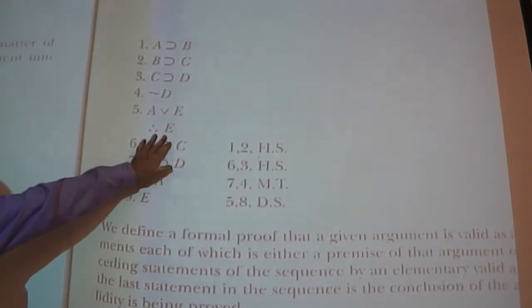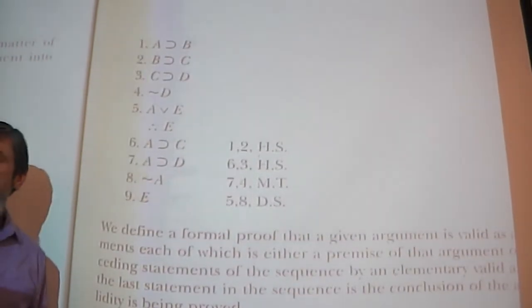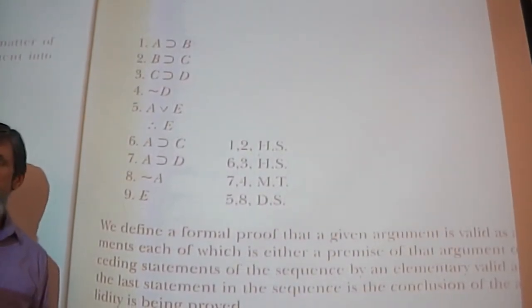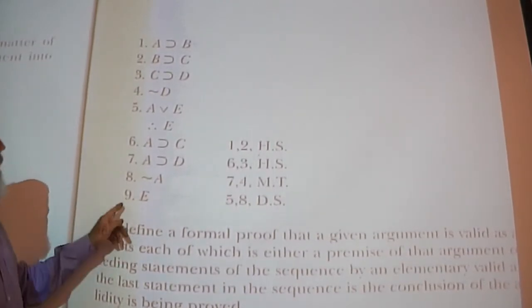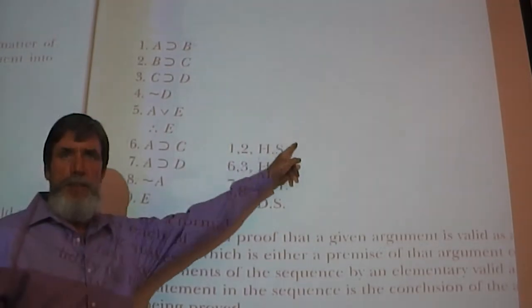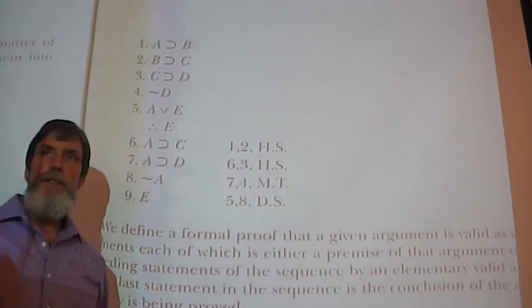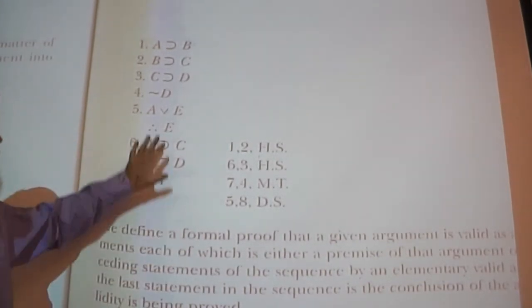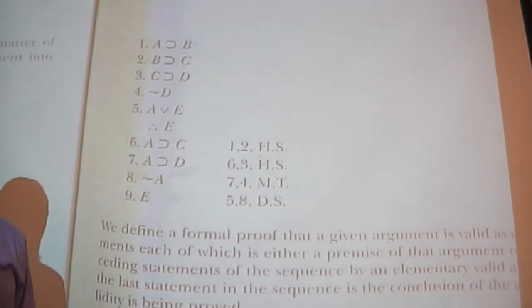We always put the conclusion last, after the three-dot symbol for therefore. Doesn't matter where that conclusion occurred in the actual argument. It comes after all the premises. Lines 6 through 8 are the actual proof. So what I want to do now is I'm going to go to the board, turn off the doc cam, and take a moment to copy this down and explain what we mean by this notation.